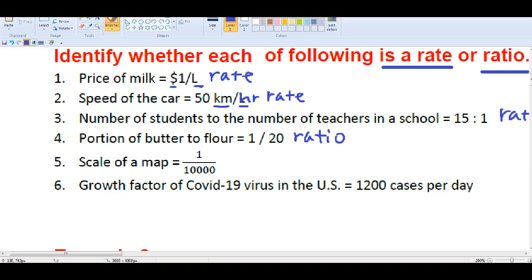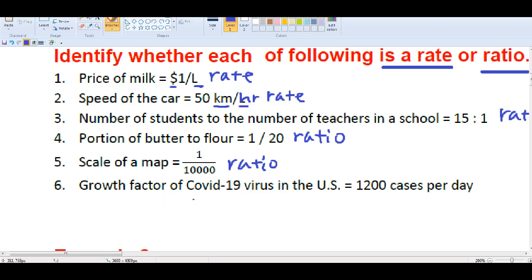Normally in the map, that's 1 to 10,000. That means on the map, 1 cm will be 10,000 cm in the real world. So that's a ratio because you don't see any units here, and also it's length to length. They're of the same type.